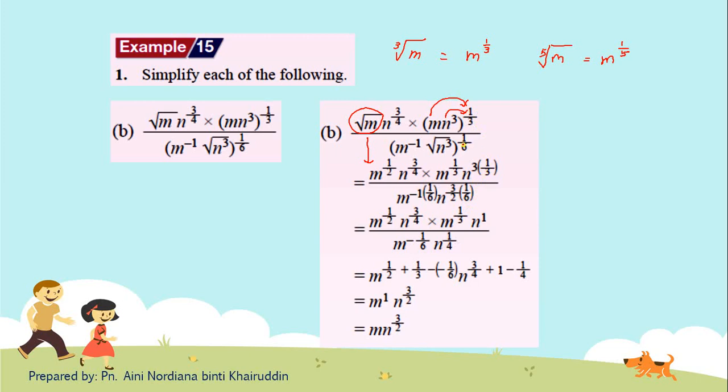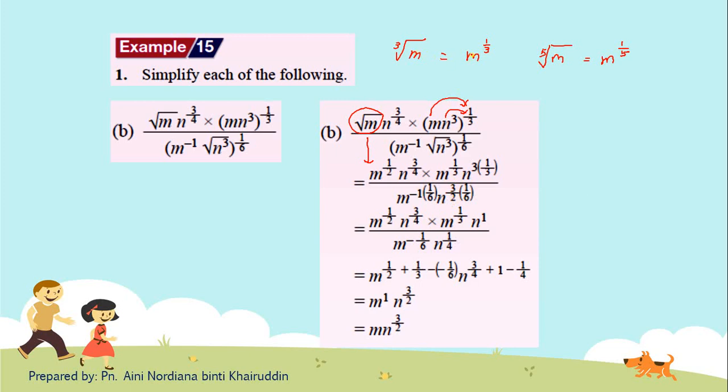So for the denominator, m to the power of negative 1 times 1 over 6. This square root of n cubed changes to n to the power of 3 over 2.